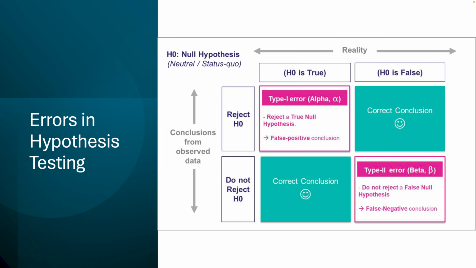But we may have what we call the type 1, it's also called a false positive, and type 2, a false negative. What do we mean by false positive? Something which is true in reality gets rejected because of the sampling process.